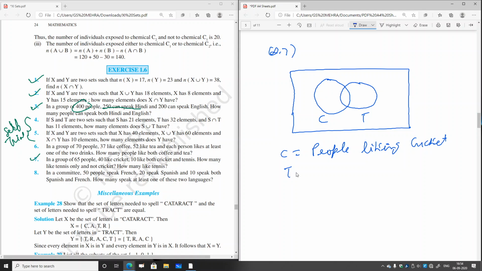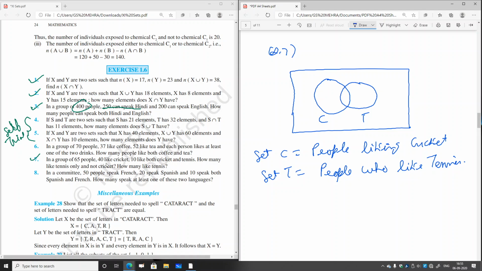And T equals the set of people who like tennis. Now we'll fill up the data from here.